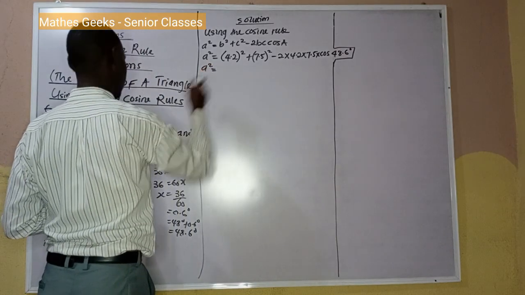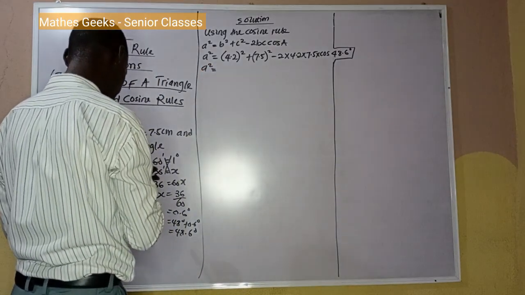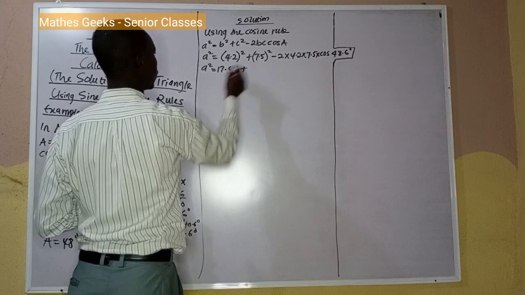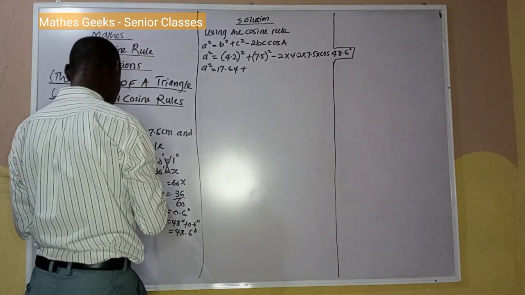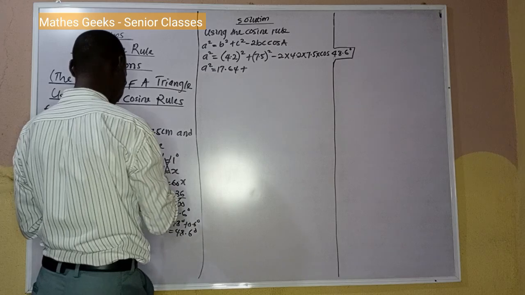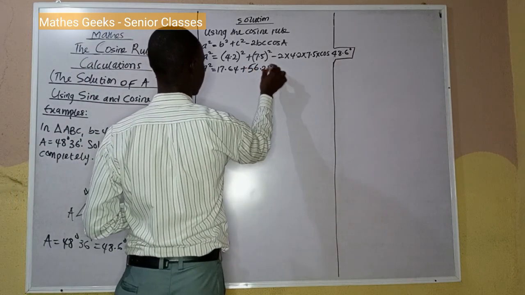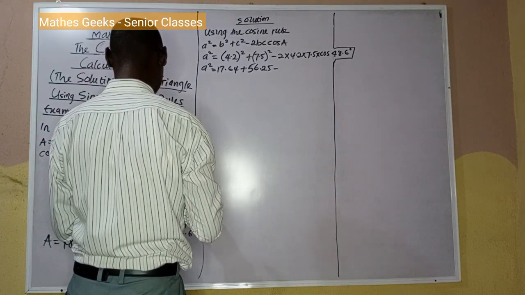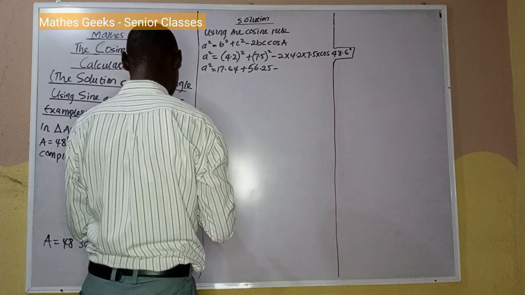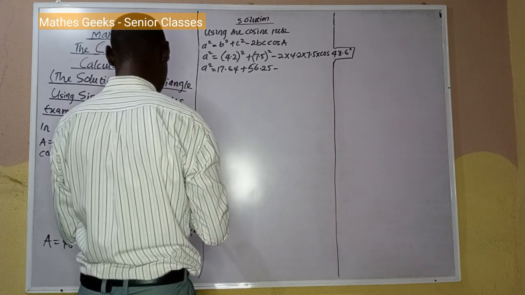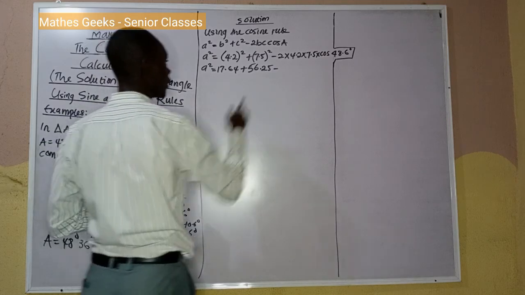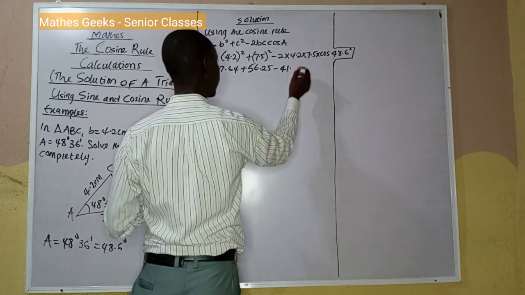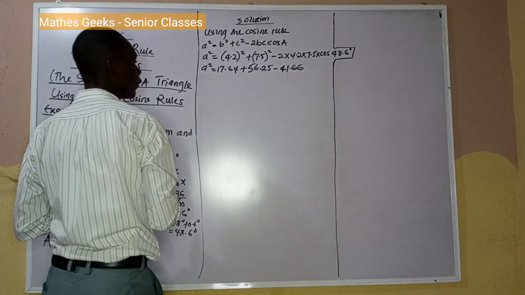And so a squared is equal to 4.2 squared, which is 17.64, plus 7.5 squared, which is 56.25, minus 2 times 4.2 times 7.5 times cos 48.6, which is 41.66.